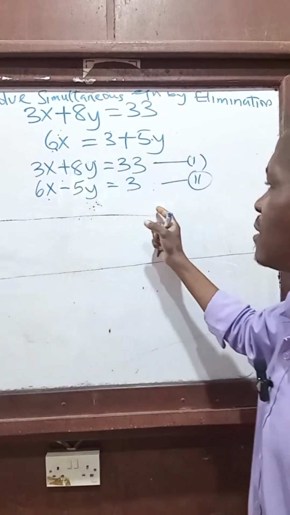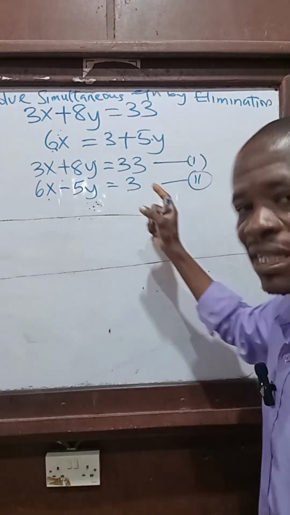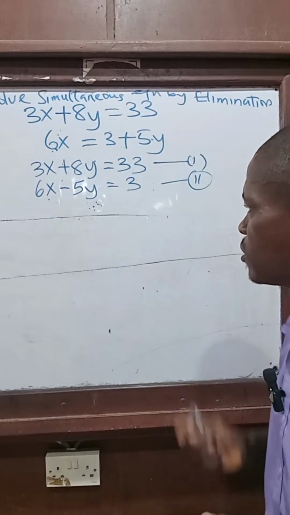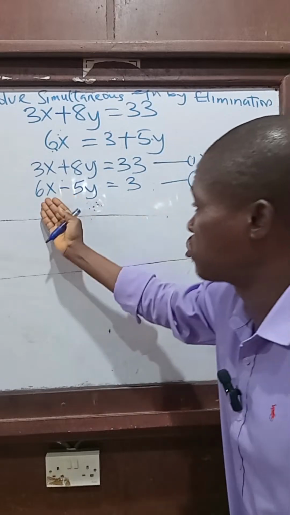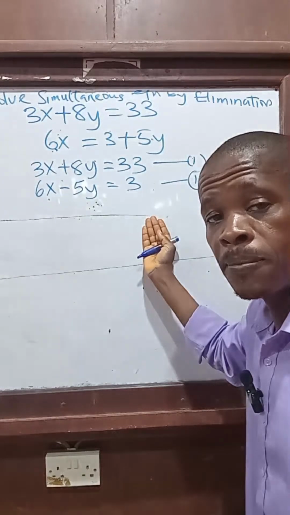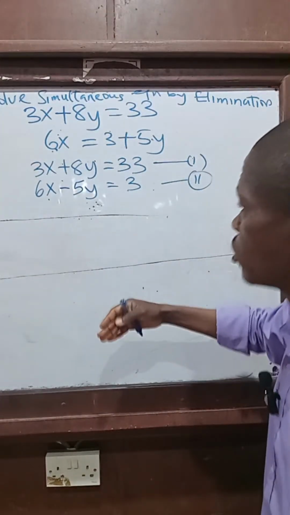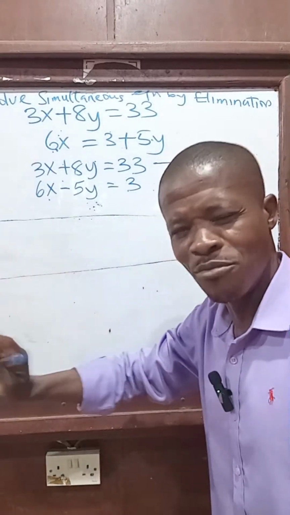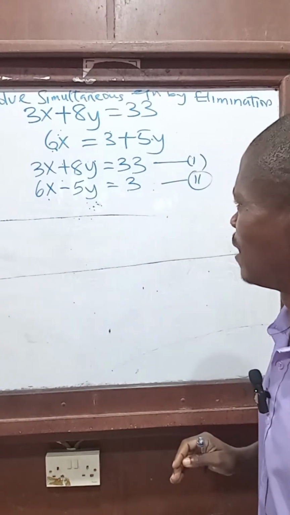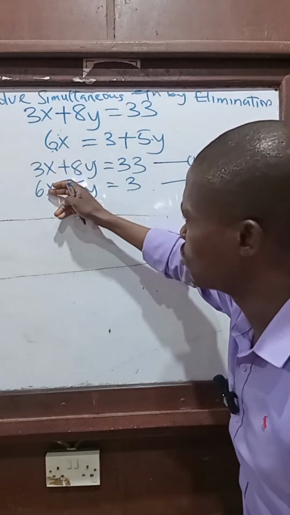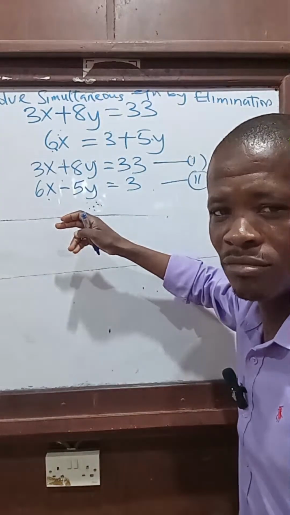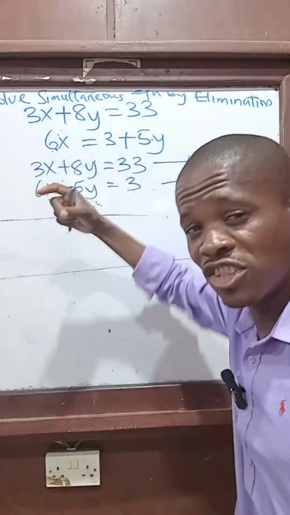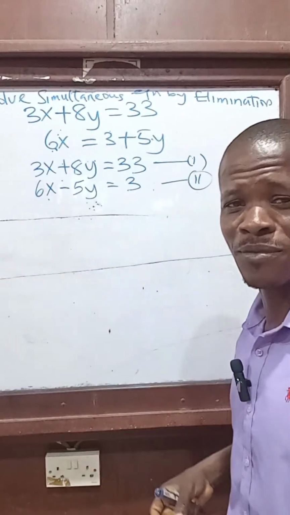The choice is yours. Do you want to destroy the x to get the y, or destroy the y to get the x? I'm thinking of destroying the x variable, and for you to do that, the coefficient must be the same.